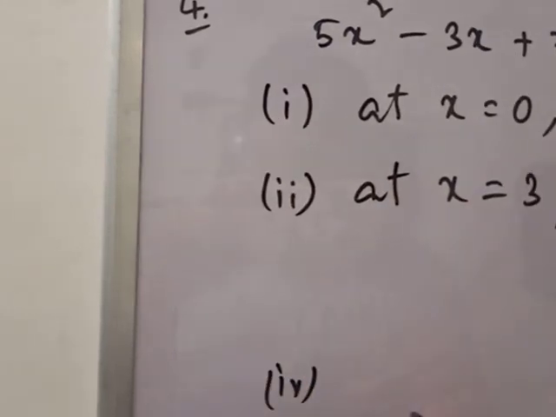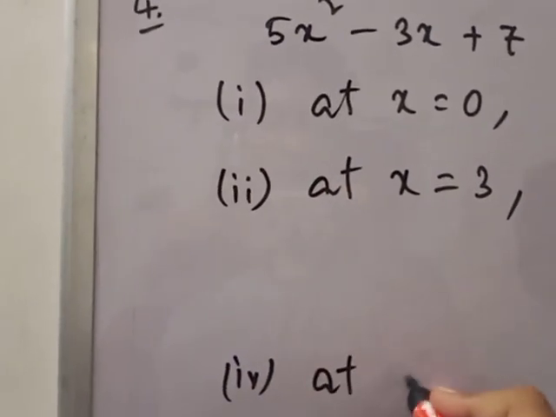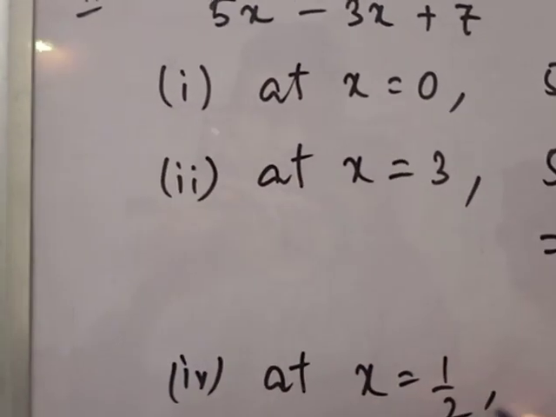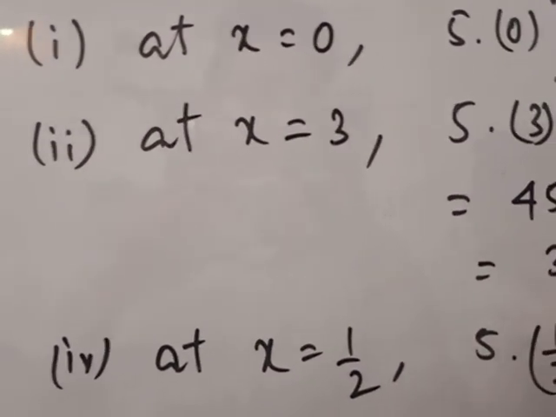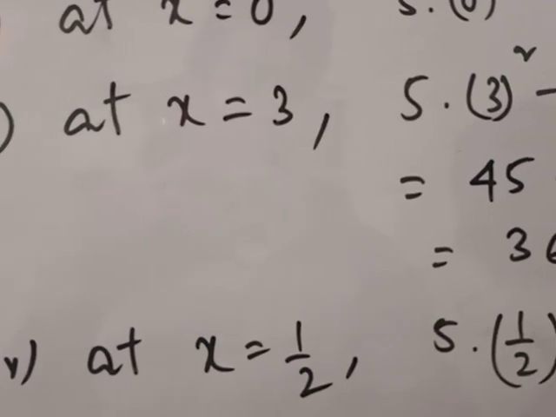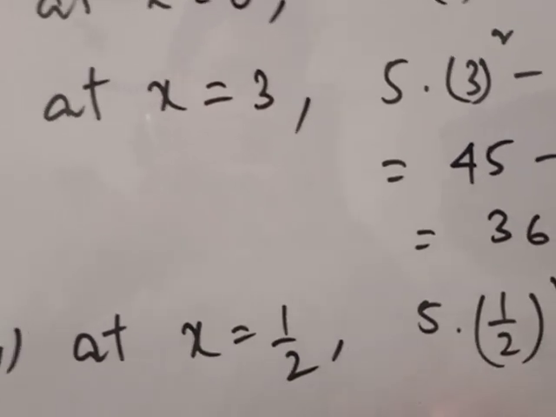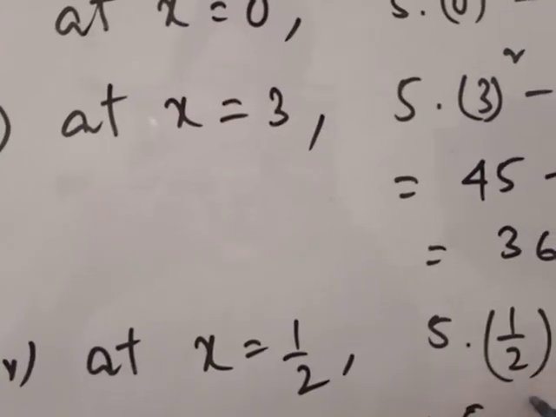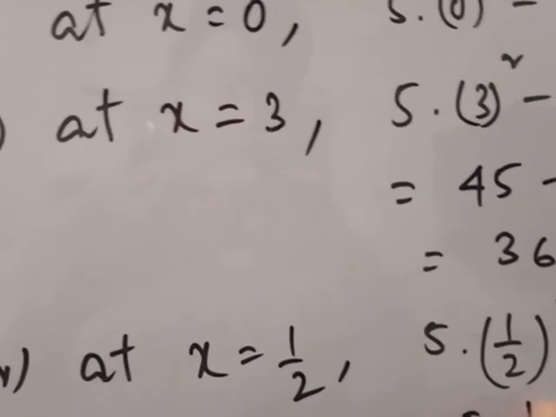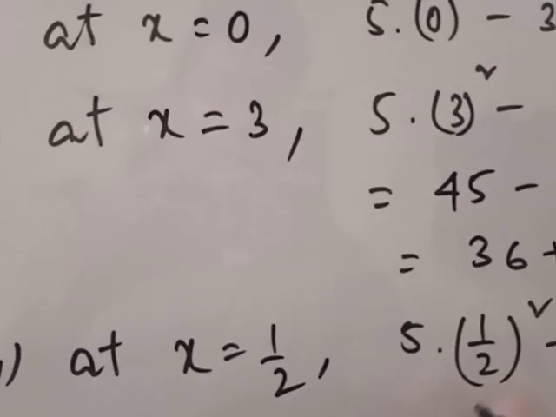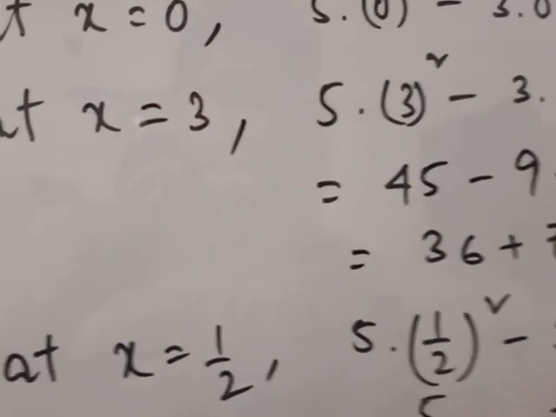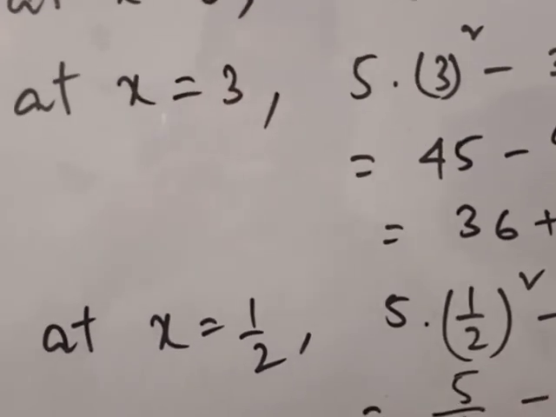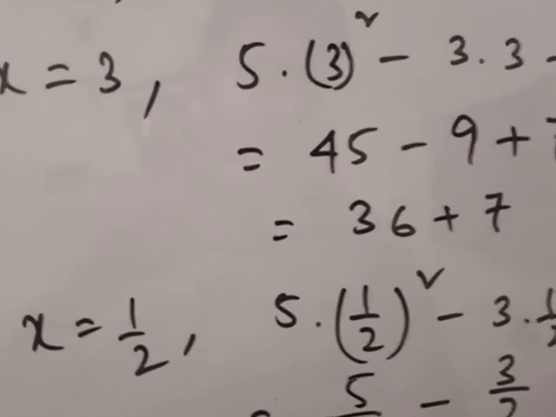This is half. So at x equals half, 5 into half square minus 3 into half plus 7. So this is 5 into 1 by 4, that means 5 by 4. I am writing 5 by 4 minus 3 by 2 plus 7. If we take the LCM, so this is 4.